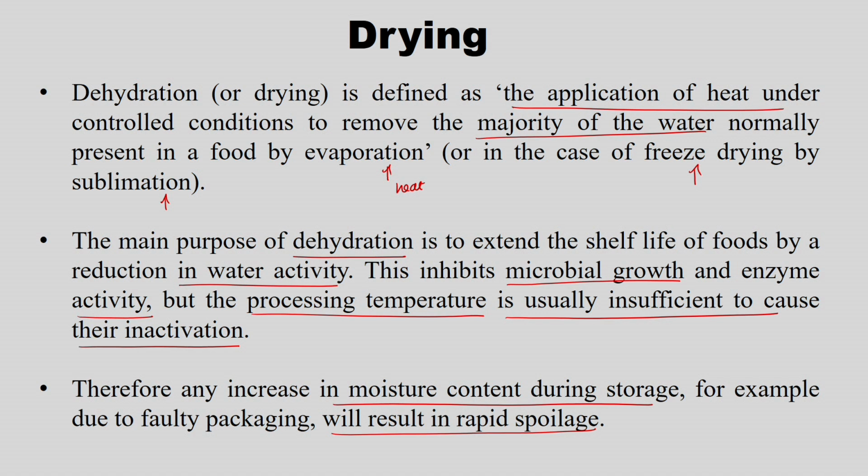For example, after drying, if the product is stored in a storage unit and it picks up moisture, then the food may spoil. So, it cannot guarantee against spoilage during storage; it just removes the water, and by that way inhibits microbial growth and enzyme activity, but after drying we need to take care of further decontamination.